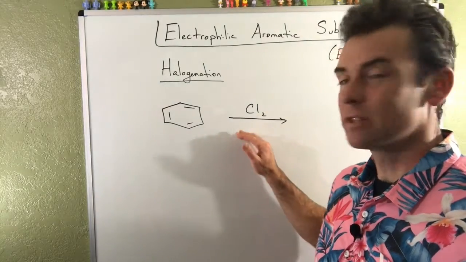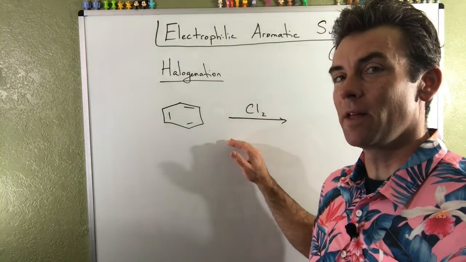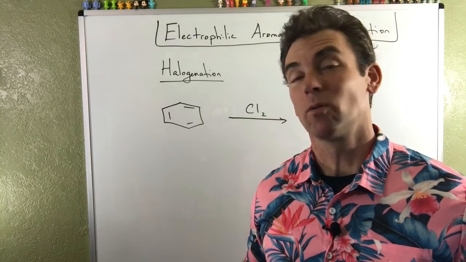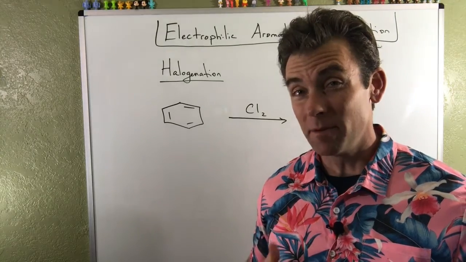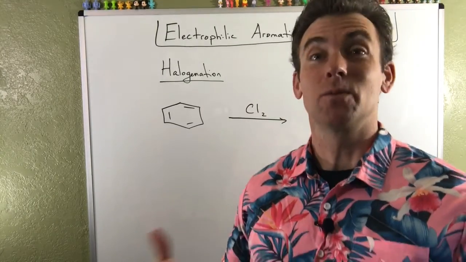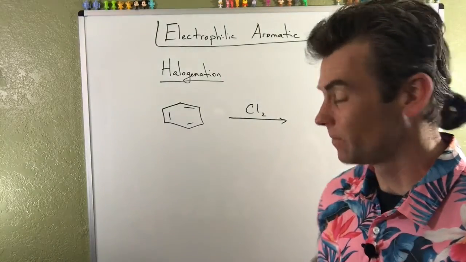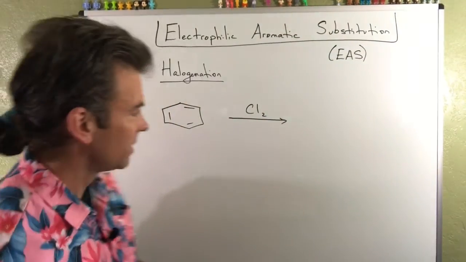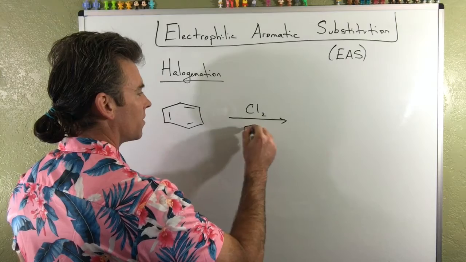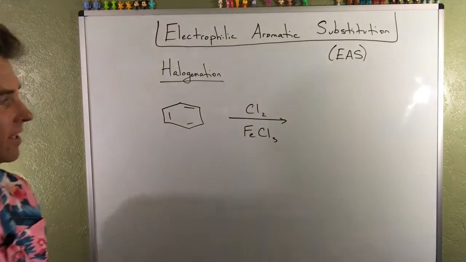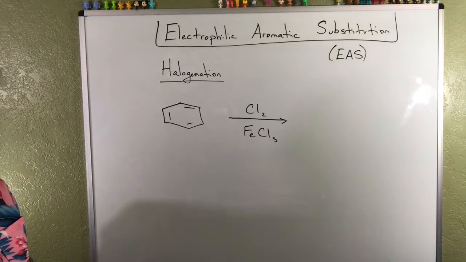But we have to put some sort of catalyst in here, right? And catalysts are going to start to play a really important role in a lot of these things, often because of this pot sweetening step, which I'll highlight as we go through different note card reactions here. So in this case I'm going to use a Lewis acid catalyst, iron(III) chloride.